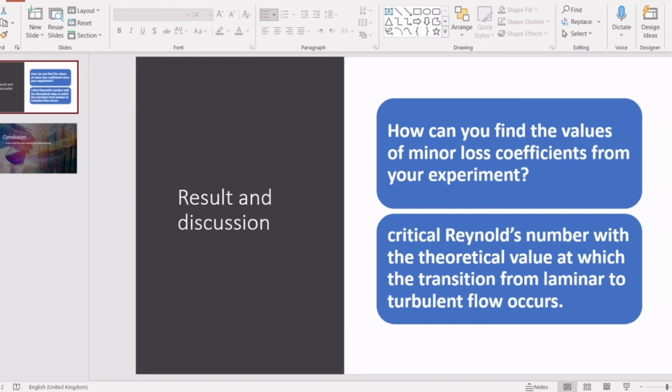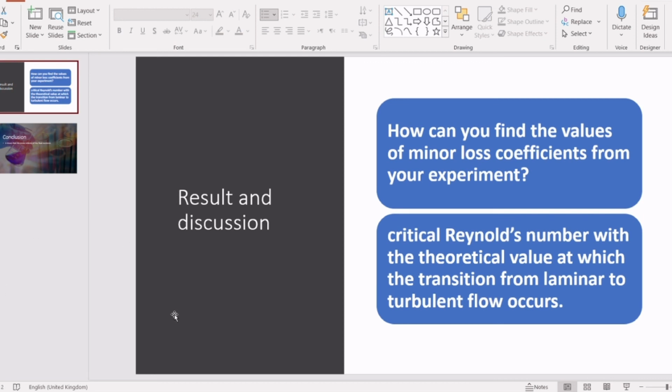Actually, the most significant reason for the difference between the two is that all of the values of the Reynolds number, which are calculated from the data in the experiment, are greater than 3,500, which indicates that the flow is turbulent, while the critical Reynolds number from the theoretical value is at the transition from laminar.